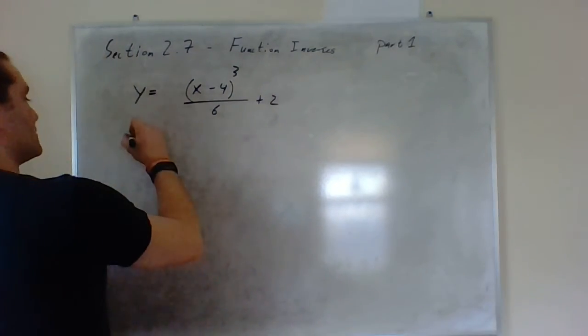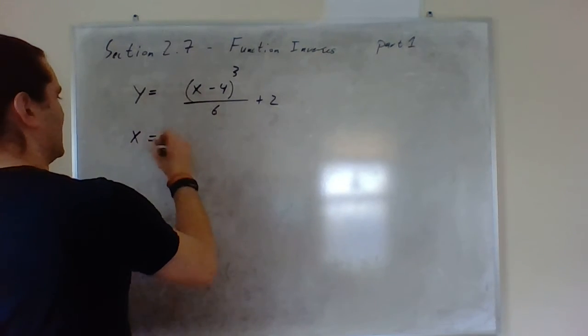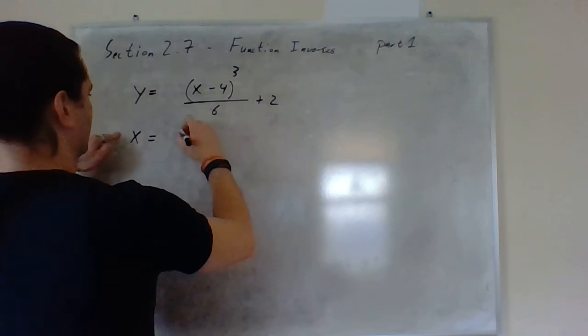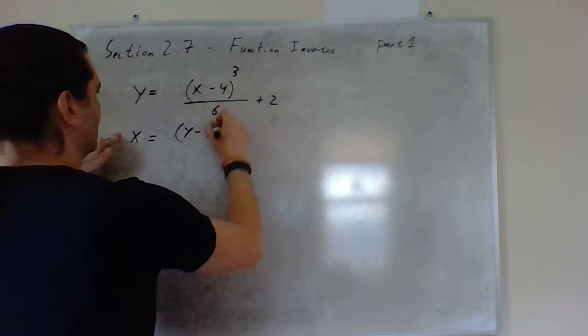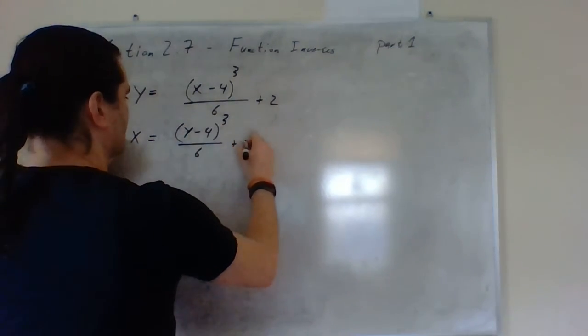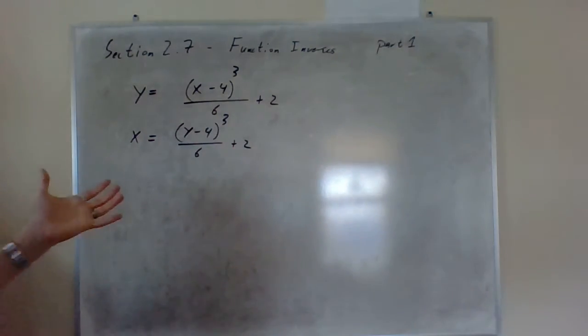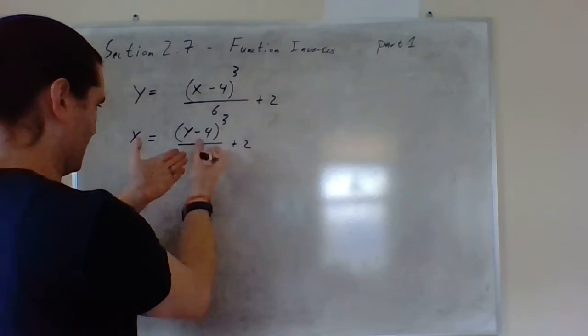So using the book's technique, we would switch x and y. So I would say that this is x equals (y minus 4) cubed over 6, plus 2. And then I would start solving this equation for y.